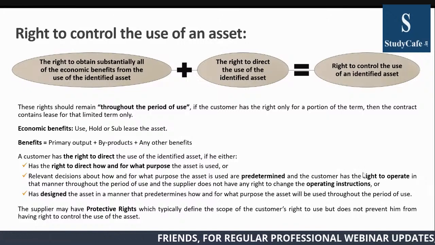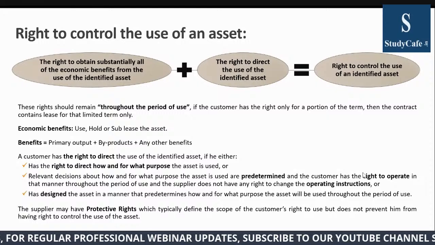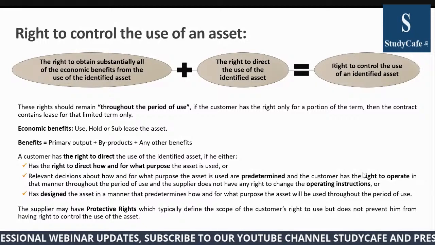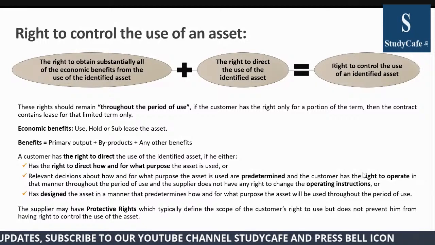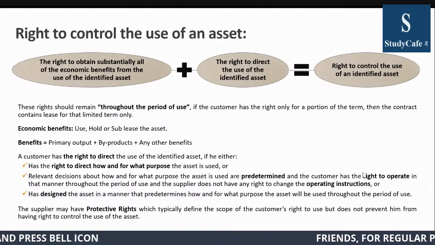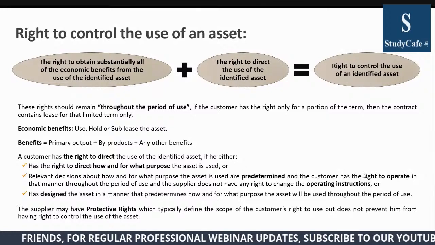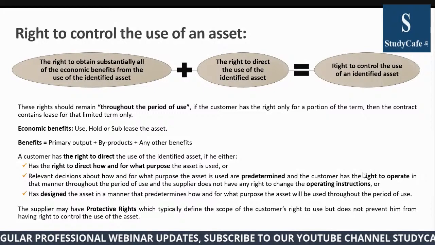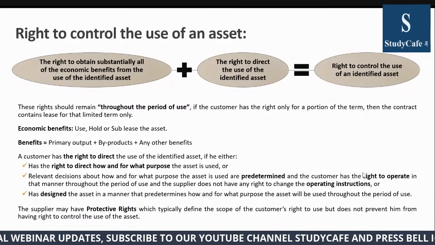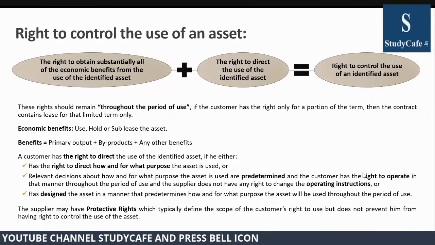Now, these rights need to be valid throughout the period of use. This term, throughout the period of use, is very, very important. For example, say I have a restaurant that I built on the property I took on lease. I have a right to decide whether I will be selling vegetarian or non-vegetarian food in that restaurant, right?